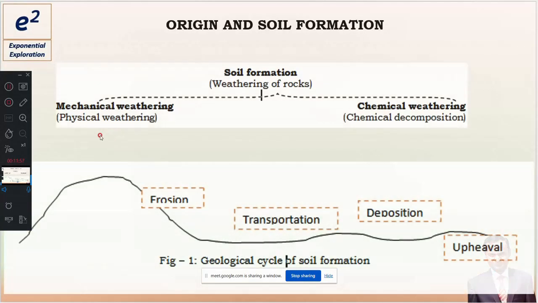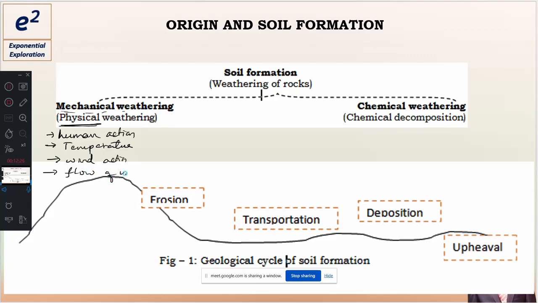Right? Now, if I list some of the physical activities causing mechanical or physical weathering, they are human action, change in temperature, wind action, flow of water, frosting and thawing, and root action.